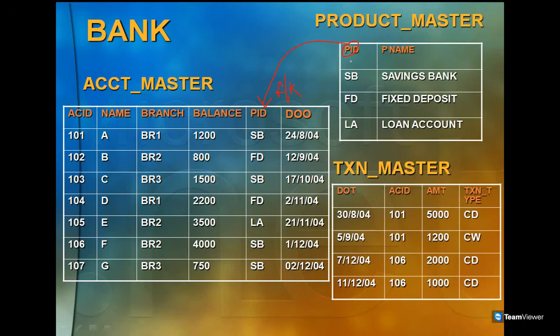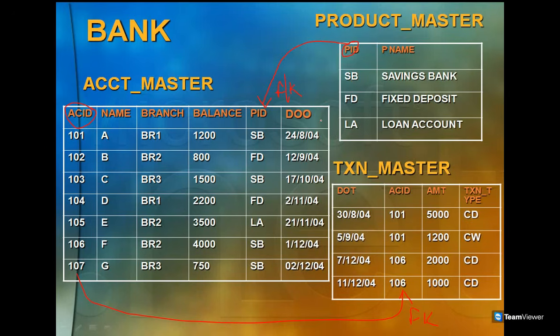And in account master, this is a primary key, and this primary key is linked to this, and this is a foreign key. You have to be very clear on it. The product master and account master tables are linked, and the account master and transaction master tables are linked.